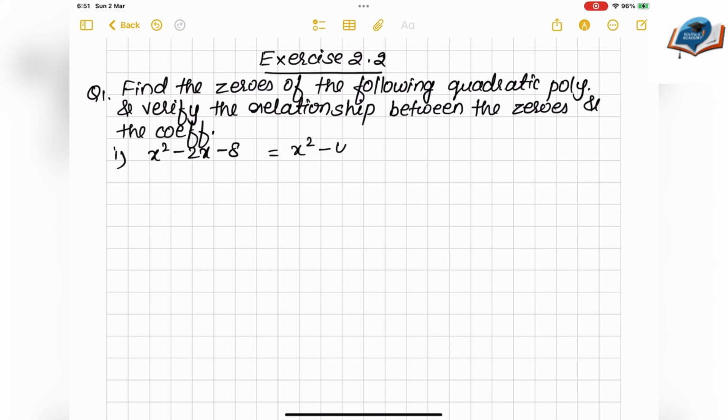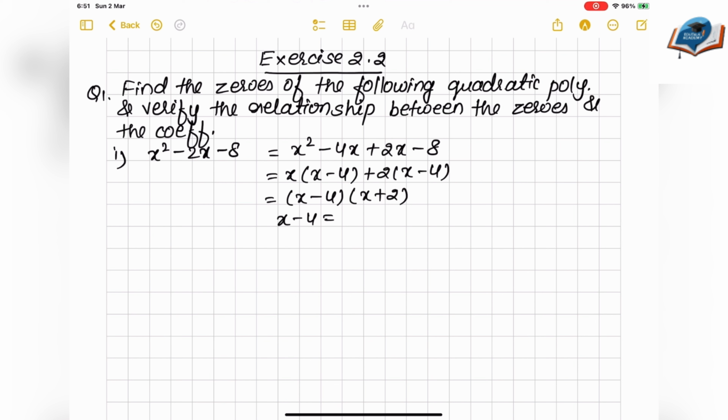So I can write x square minus 4x plus 2x minus 8. So this will be x into x minus 4, and from the next two, common x minus 4. Now both the brackets are common, x minus 4, so (x minus 4)(x plus 2). So either x minus 4 equal to 0 or x plus 2 equal to 0. So either x equal to 4 is my solution or x equal to minus 2 is my zero.